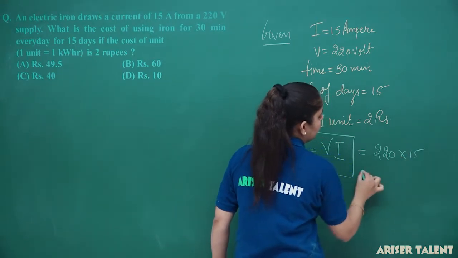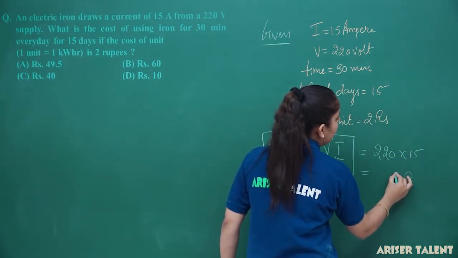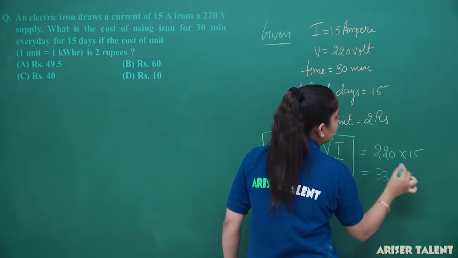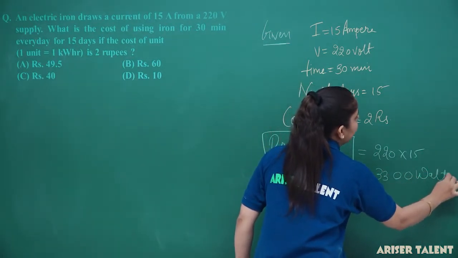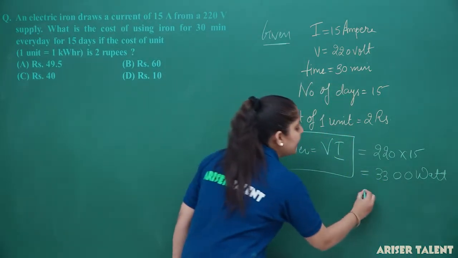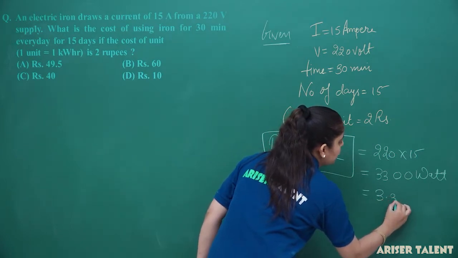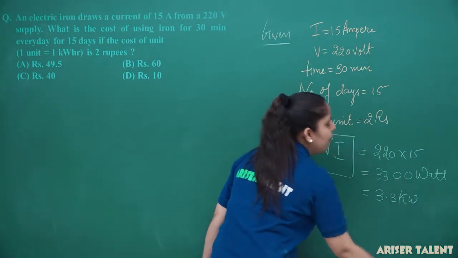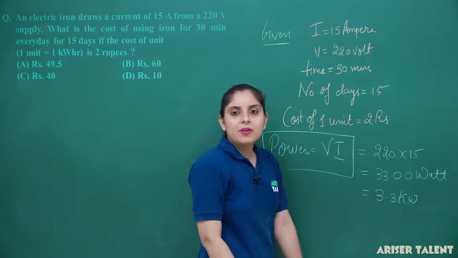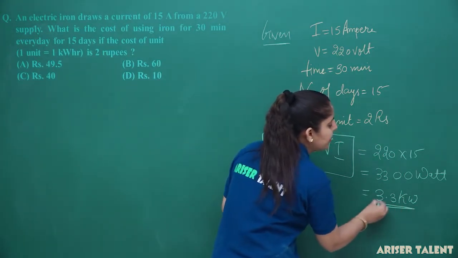It is 15. So it is equal to 3300 watt. So 3300 watt, I can write it as 3.3 kilowatt. Is it clear? I have divided the number by 1000, so we will get the power in kilowatt.